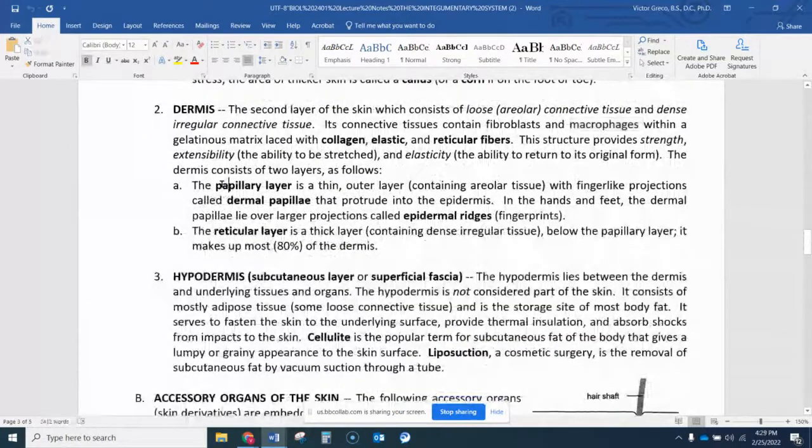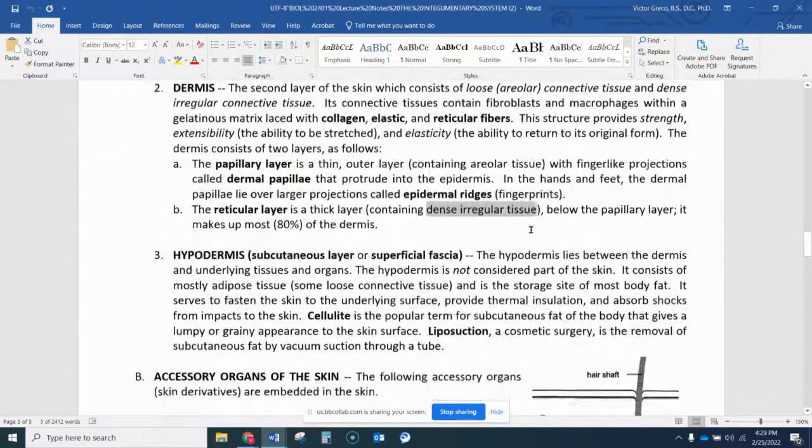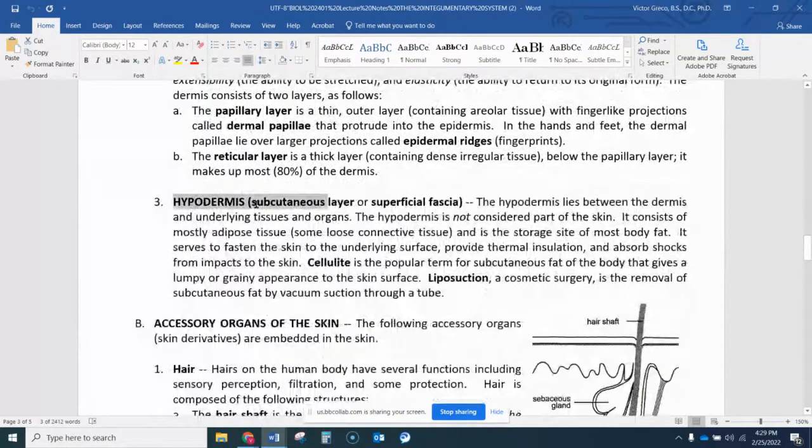And there's the papillary layer, which we said is areolar connective tissue. And the reticular layer, which is most of the dermis, is dense irregular connective tissue. The hypodermis is deep to both skin layers, but is not considered part of the skin, and it consists of mostly adipose tissue. There's some areolar, but it's mostly adipose tissue.